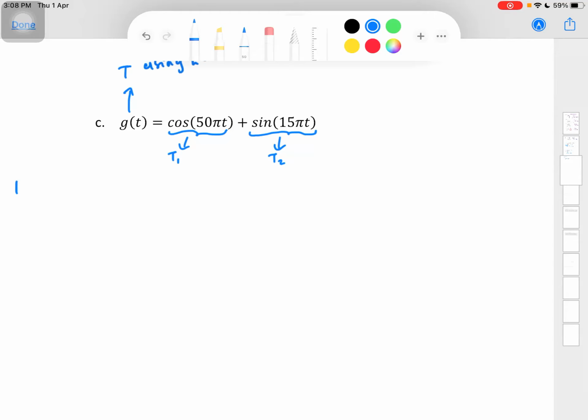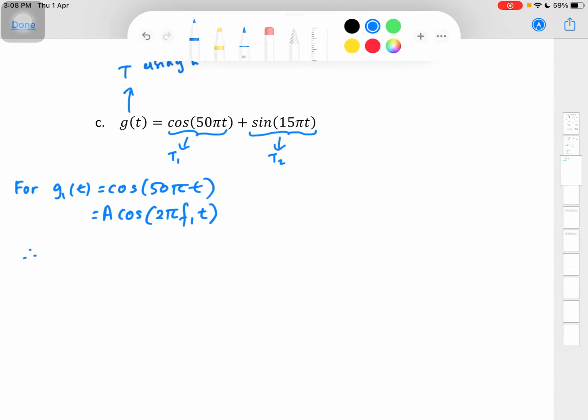So for this one, for g1 of t, which equals cos 50 pi t, again we make it equal to the general function of a cosine signal. So we put a cos 2 pi, and I'm going to call this f1 t.